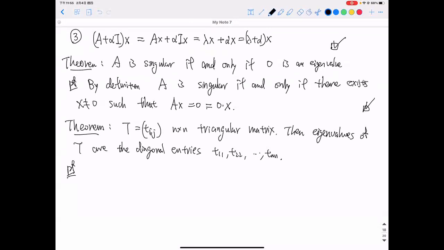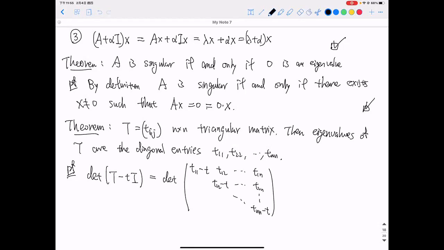Proof of this is more or less obvious because, again, to find the eigenvalues, you consider the characteristic polynomial, which in this case is the determinant of this matrix: T11 minus t, T12, T1n, T22 minus t, T2n, Tnn minus t.